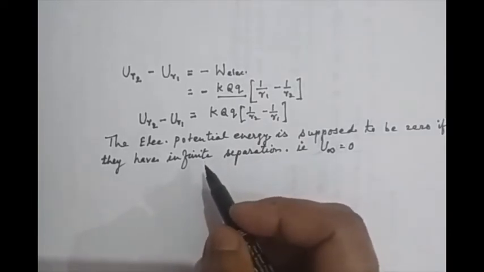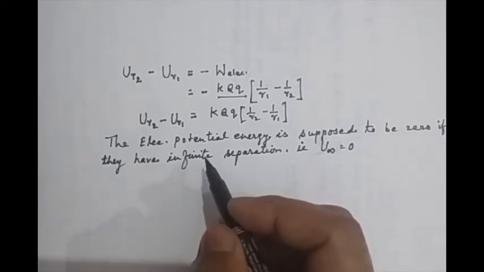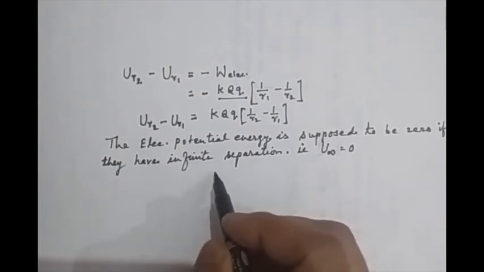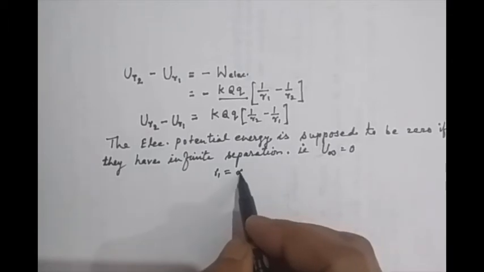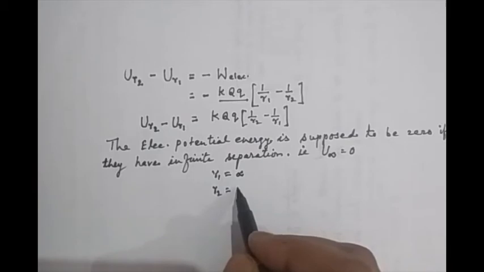Now suppose the charge is brought from infinity to a distance r. Then we have r1 is equal to infinity and r2 is equal to r.